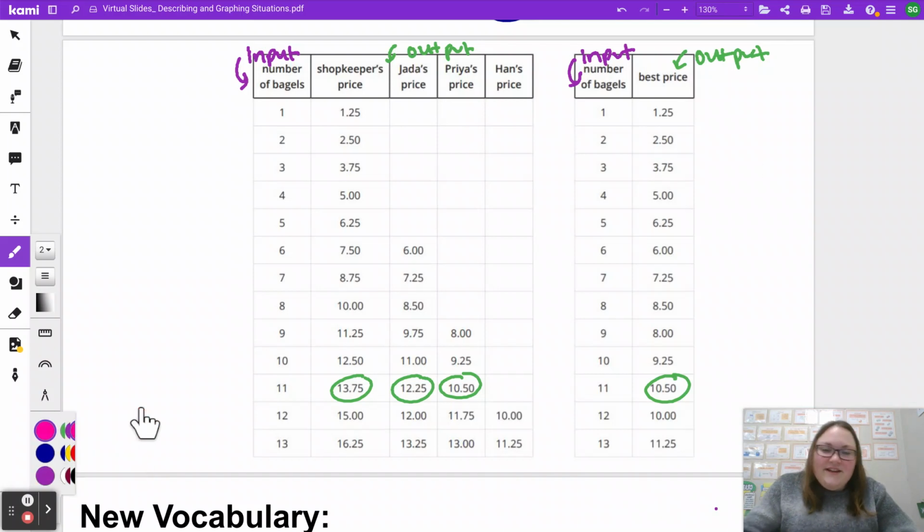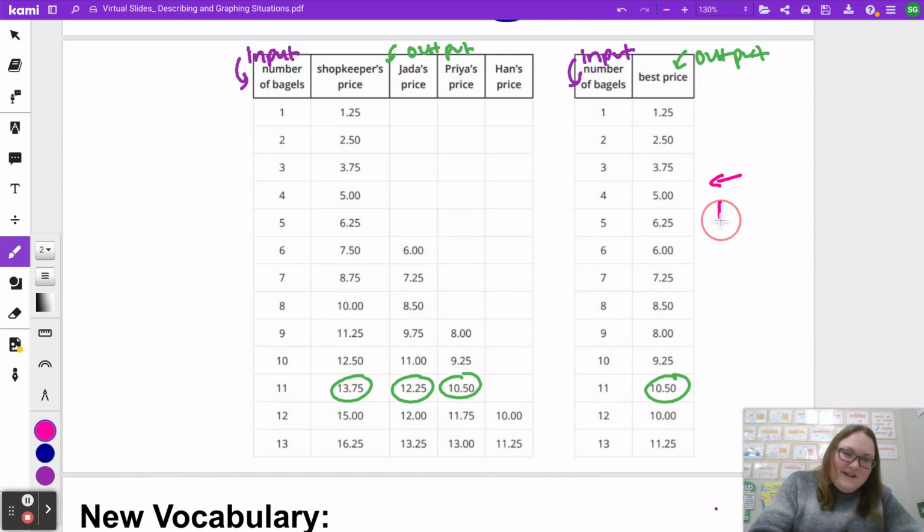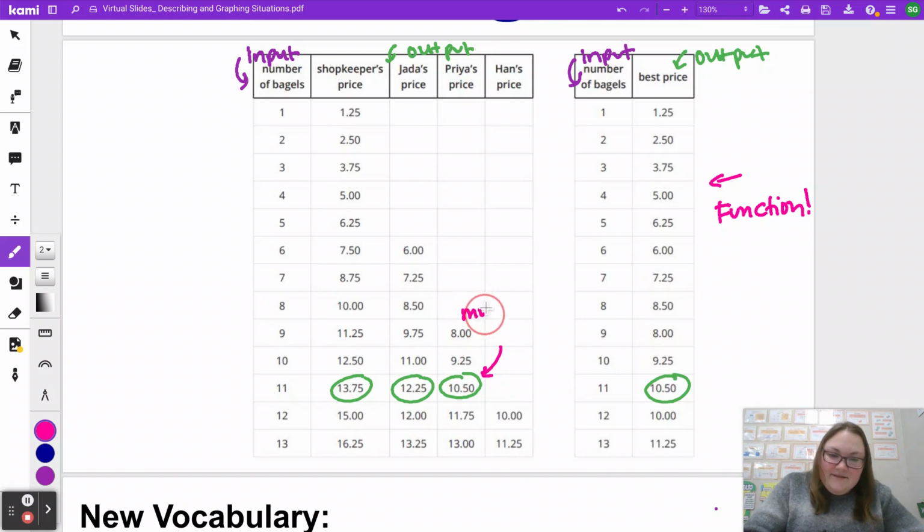The function is going to be the second one here. That is a function because each input, each number of bagels, has only one output, has only one best price for it. Whereas in this first situation, we're seeing that there are multiple outputs.